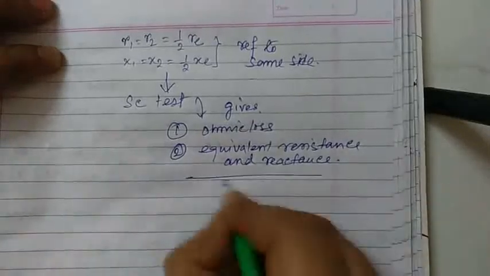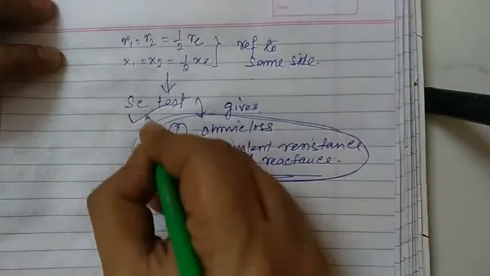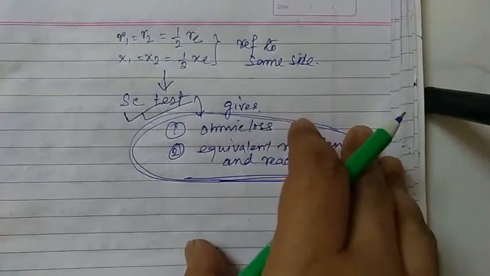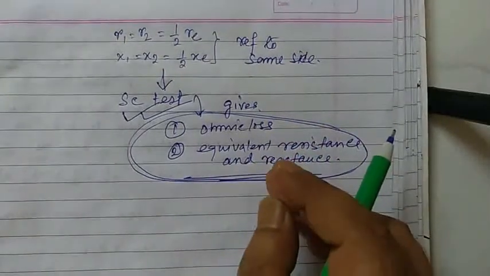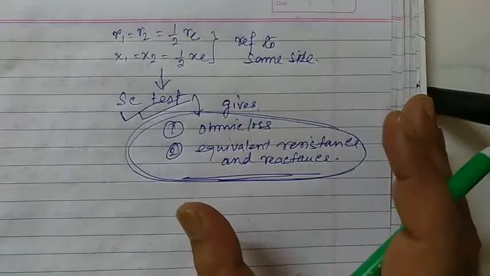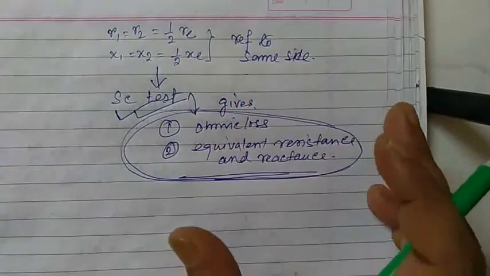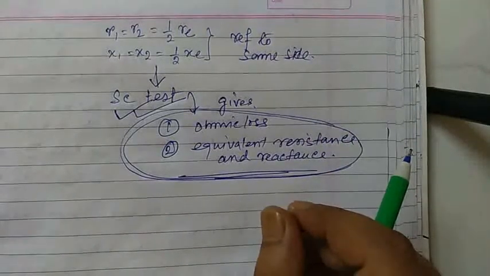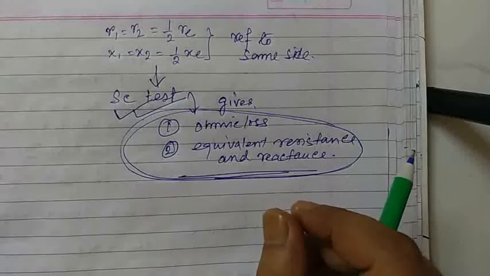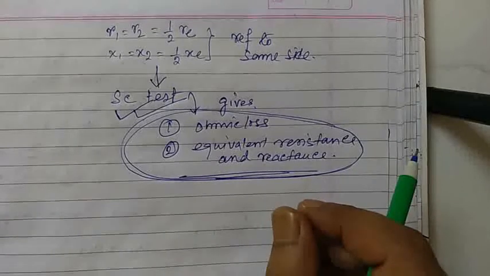These two we know from the short circuit test of the transformer. Again, the voltage regulation of a transformer can be determined from the short circuit test, and from the data of the short circuit test and open circuit test we calculate the transformer efficiency. Student, this is the short circuit test.